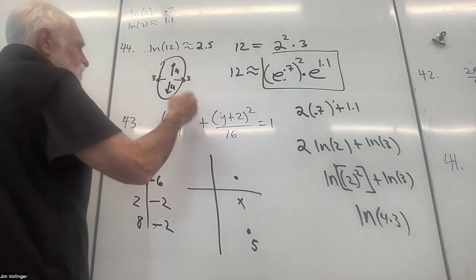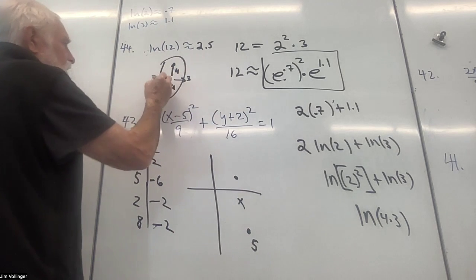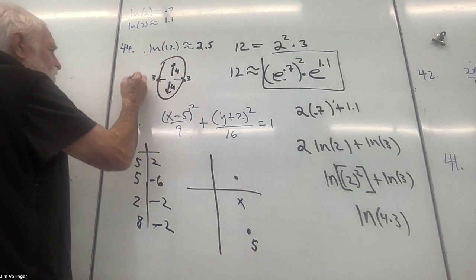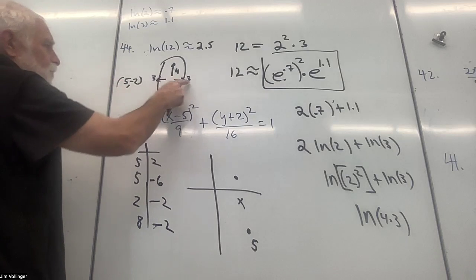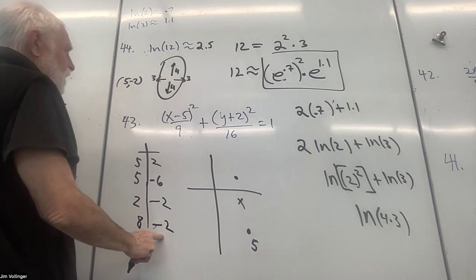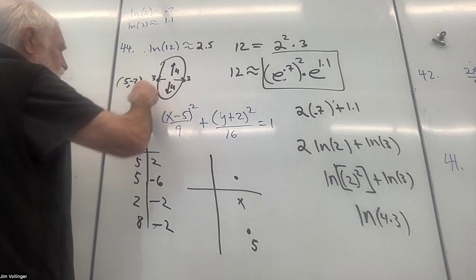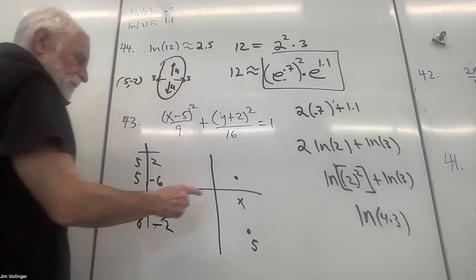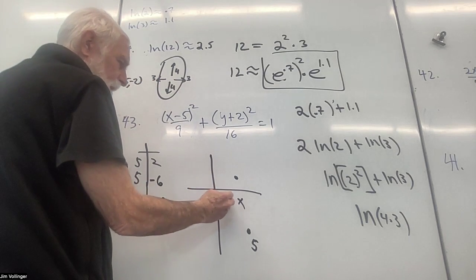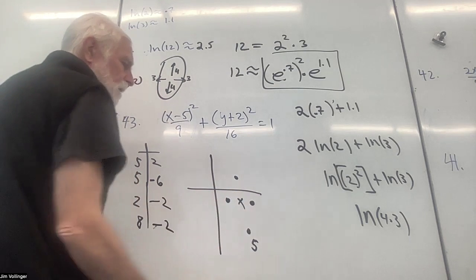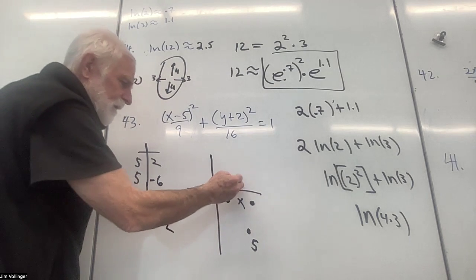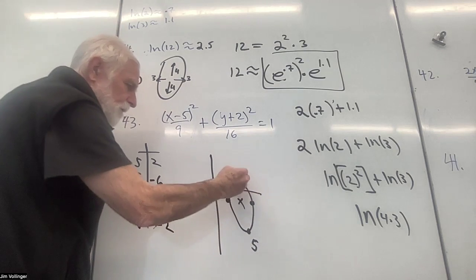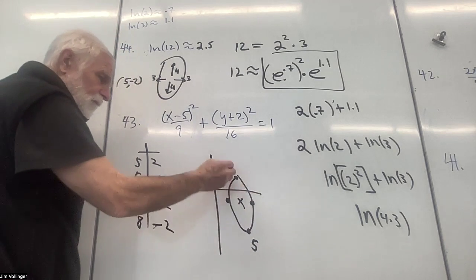And the center is 5, -2. If I go 3 to the right, 8, -2 is correct. If I go 3 to the left, 2, -2 is correct. Okay, so what it was optically giving me trouble. But there's your ellipse, and it's a little bit more vertical.